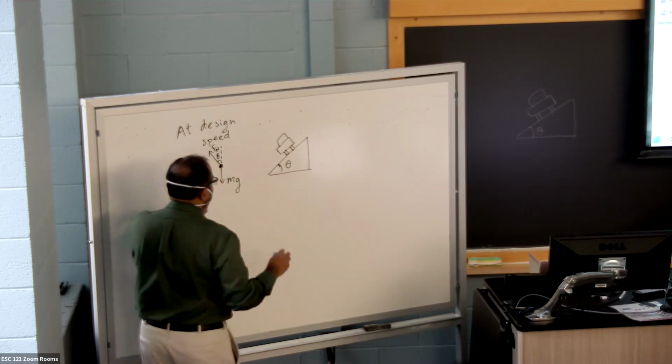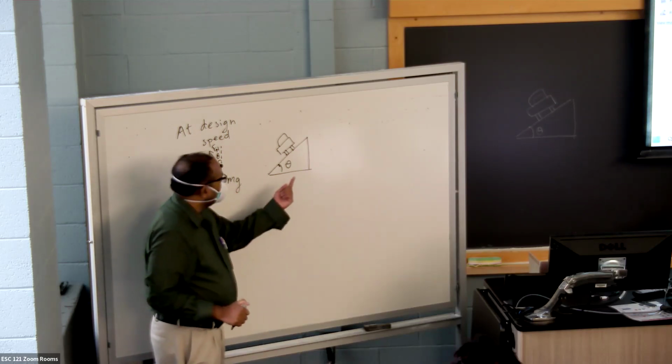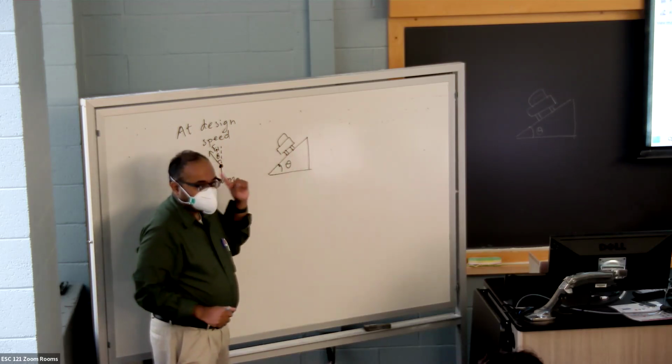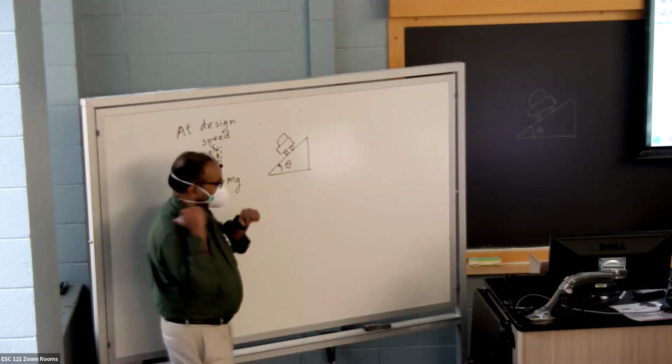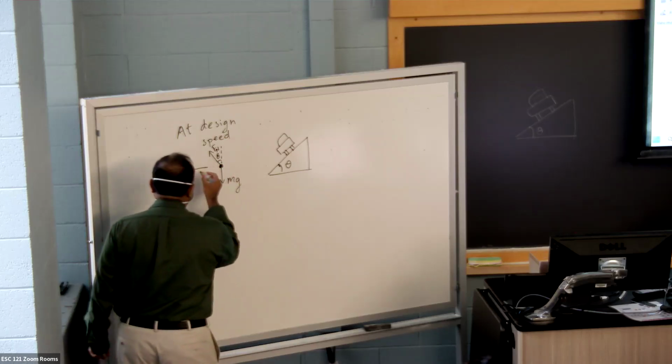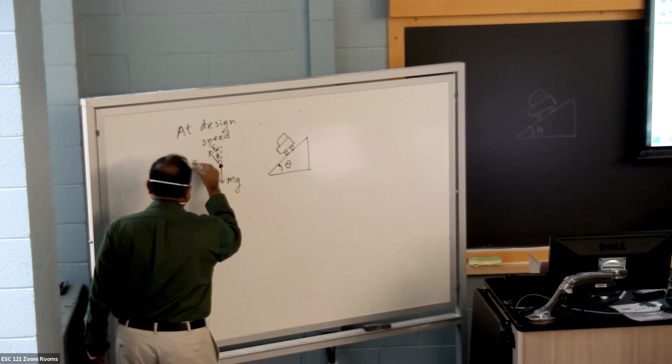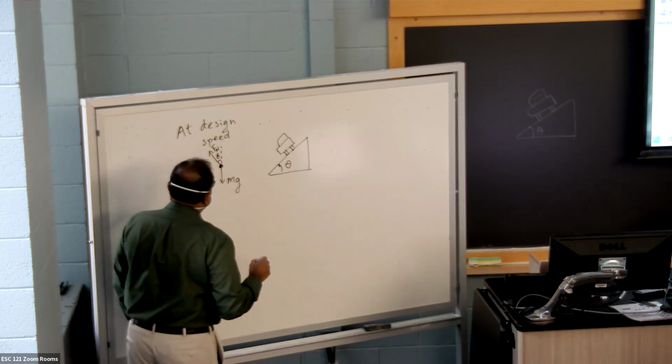So this would be the angle theta, and it is going around in a horizontal circle, right? So which way would the acceleration be? Yep, it will be horizontally to the left here. So the acceleration would be like this. All right. So this is at design speed.